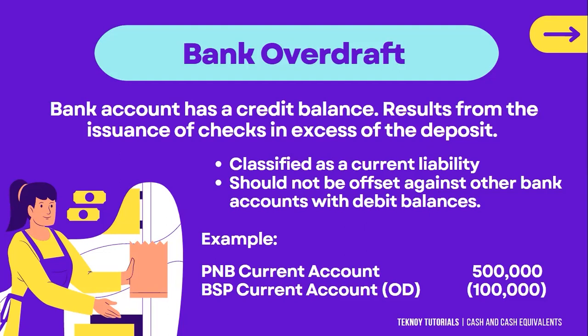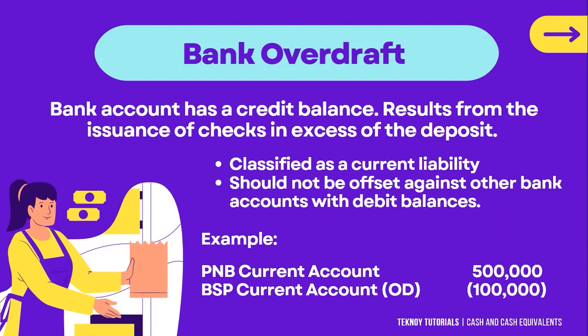For example, an entity maintains 2 bank accounts, 500,000 in PNB and 100,000 overdraft and credit balance in BSP. Since these are different banks, the entity is not allowed to offset the 100,000 overdrawn amount from BSP to the 500,000 debit balance of PNB.